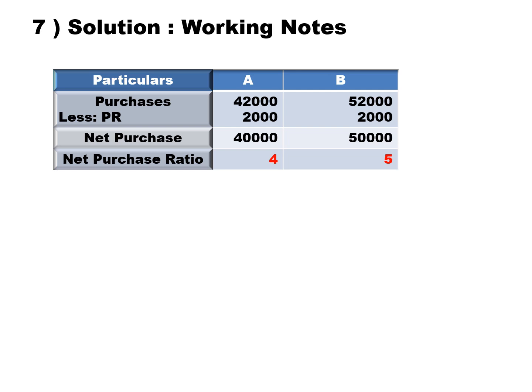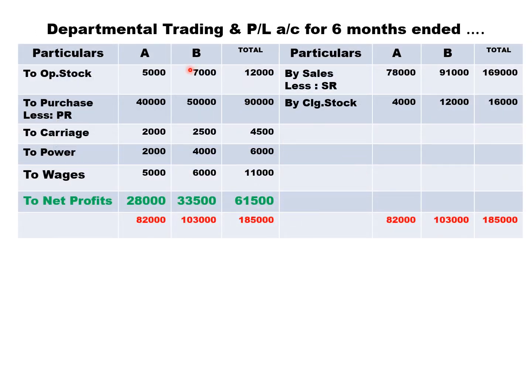Therefore the ratio will be 4:5, and we need to prepare the departmental trading and P&L account for 6 months ending. Opening stock specifically given in the question for A and B: 5,000 and 7,000. Purchases less returns: 42,000 minus 2,000, and 52,000 minus 2,000, you get 50,000.